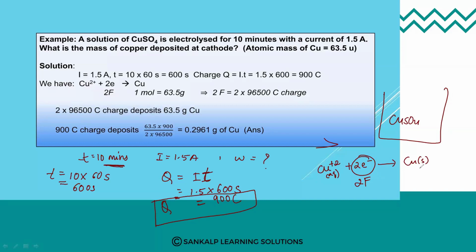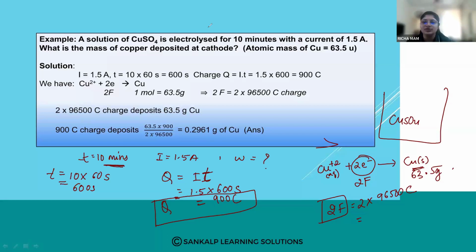The weight of copper is 63.5 grams. 2 Faraday means 2 into 96,500 coulombs. When you pass 2 Faraday of current, 63.5 grams of copper is deposited, right?